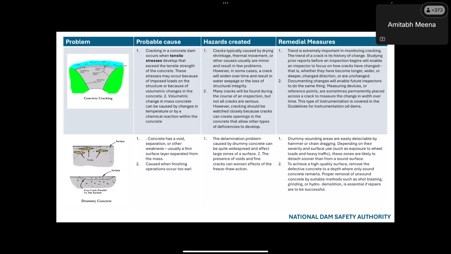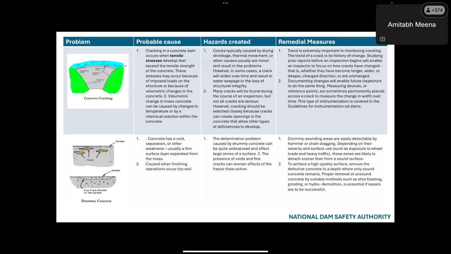There may be some cracks due to temperature variations also, or freezing and thawing, but these are structural cracks. This trend is extremely important in monitoring cracks.